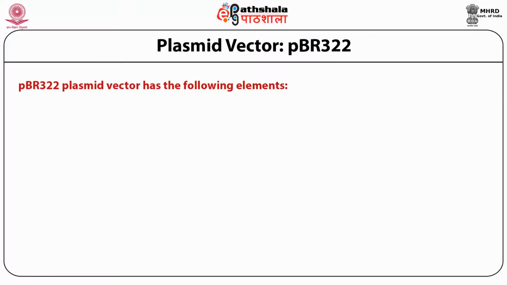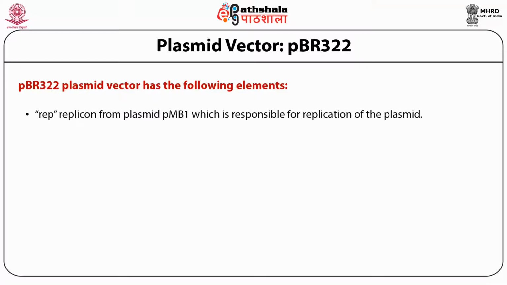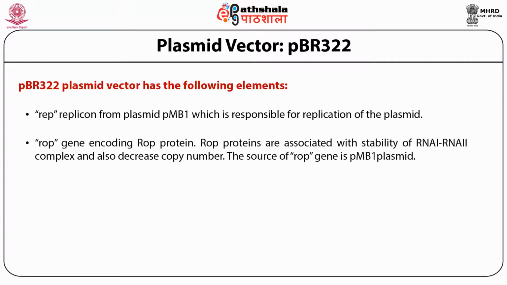The pBR322 plasmid vector has the following elements. It has a rep gene, that is the replicon from the plasmid pMB1, which is responsible for replication of the plasmid. Second, it has a rop gene that encodes the Rop protein. Rop protein is associated with stability of the RNA1 and RNA2 complex and also decreases the copy number.